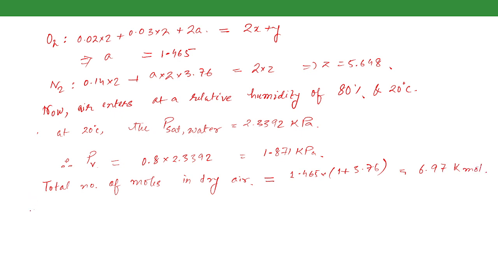And the pressure of dry air is P minus PV, that is 101.325 minus 1.871. So this comes out to be 99.454 kPa.